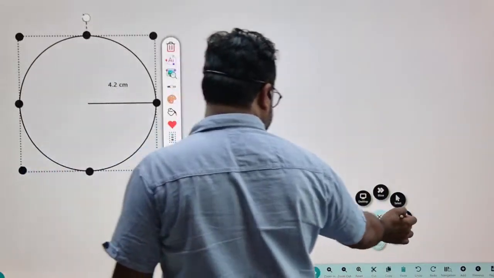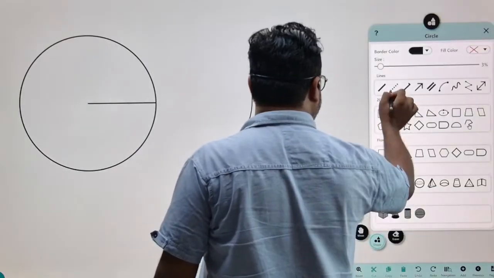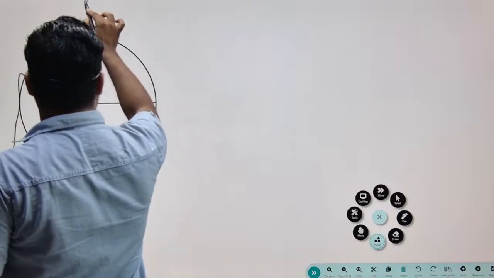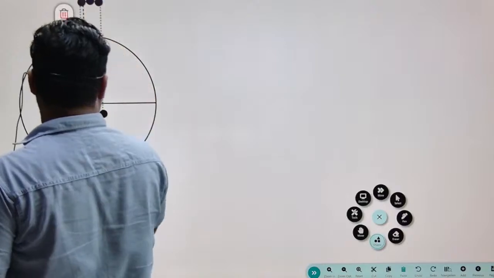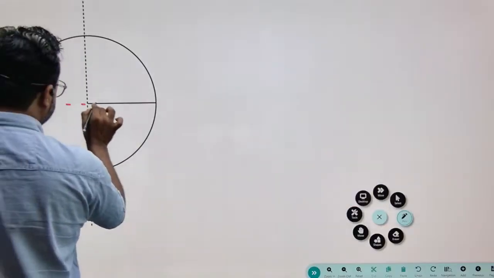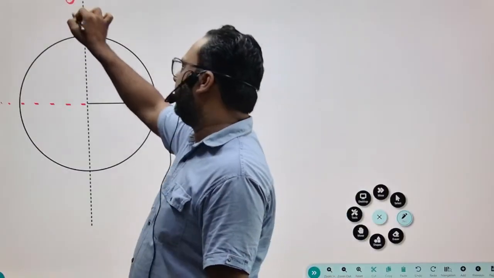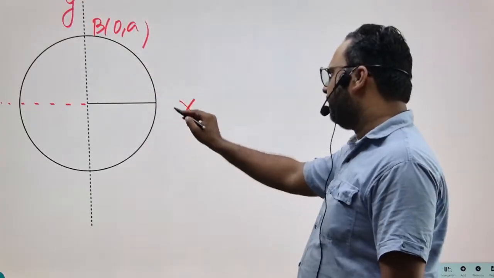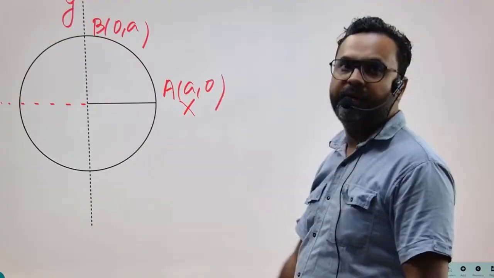Okay, this is the first way. Now second method. So this is the circle. We have the x-axis and y-axis. Let the coordinate be 0 comma a, and this coordinate is a comma 0.